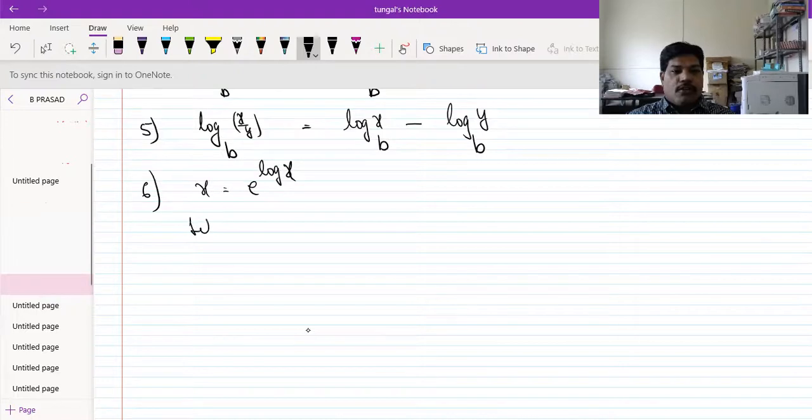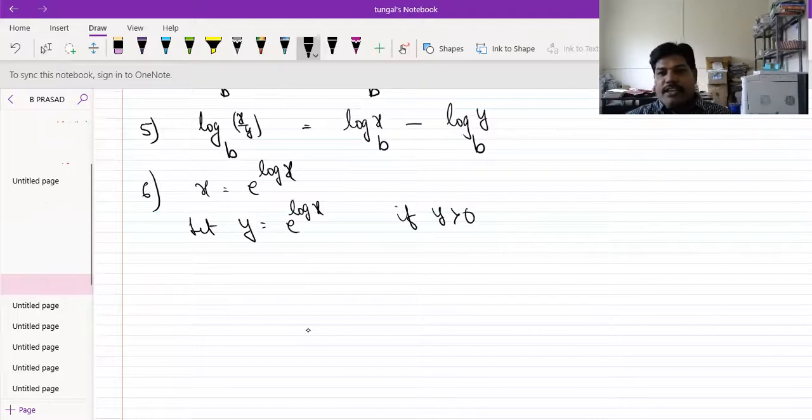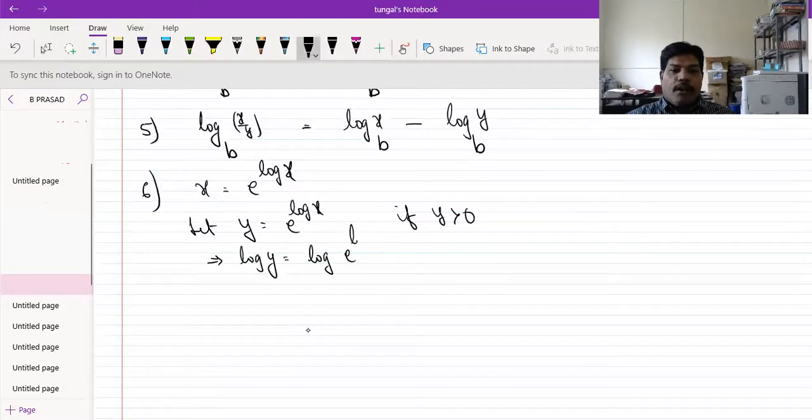Let y is equal to e power log x. The y value is greater than 0, compulsorily greater than 0. This value never becomes negative. So y is equal to e power log x and y is greater than 0. If you apply the log, what happens? That is nothing but log y is equal to log of e power log x.